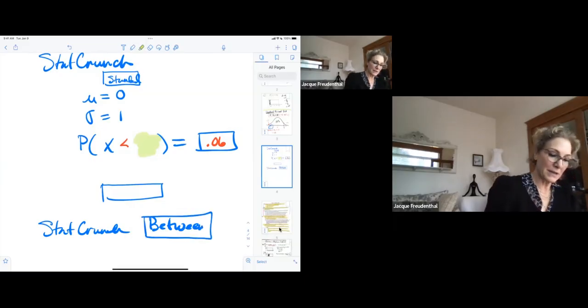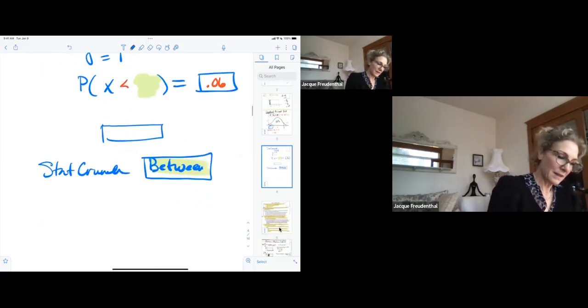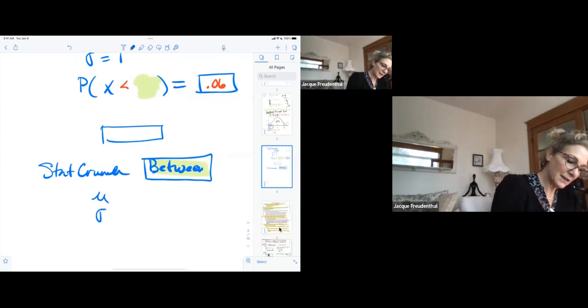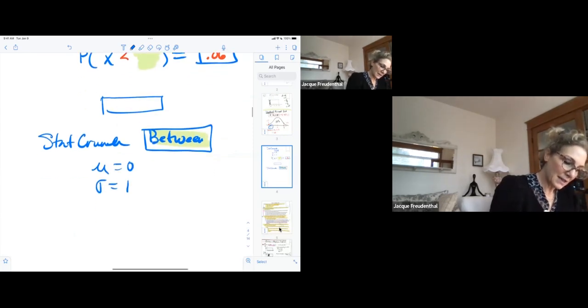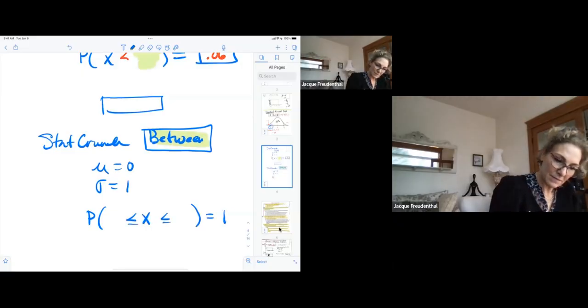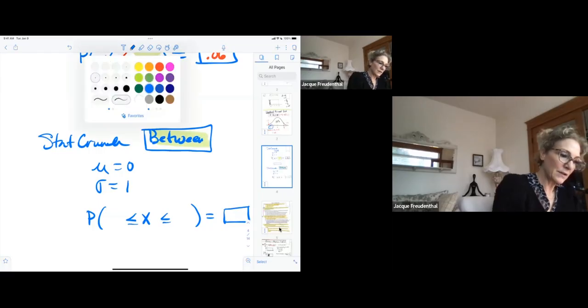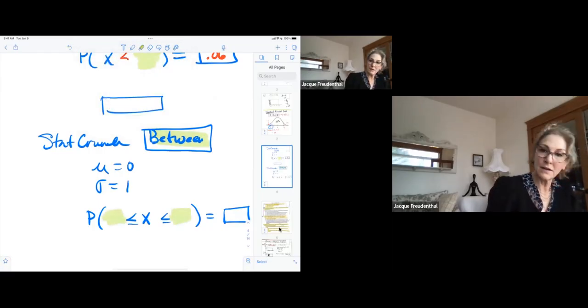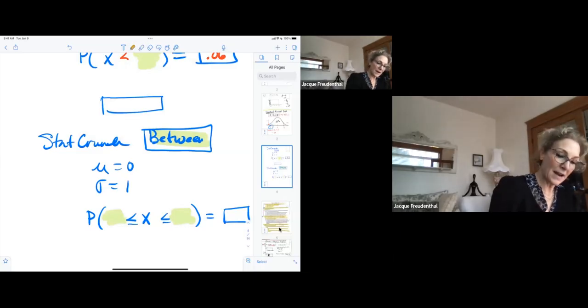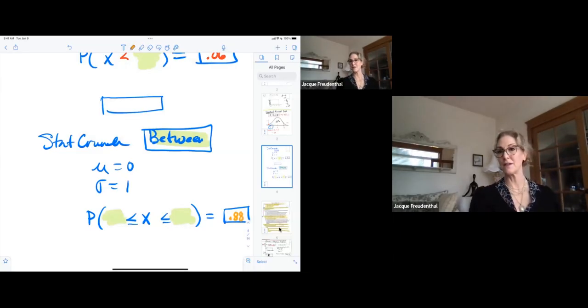So you're going to select this between. You would still do the mean and the standard deviation of 0 and 1. And then your commands will look like this. So this is what we don't know. We don't know what these numbers are. But we know that the area is 0.88 between. So that would be the fastest way to do it, really. Because this would give you both areas or give you both Z-scores.